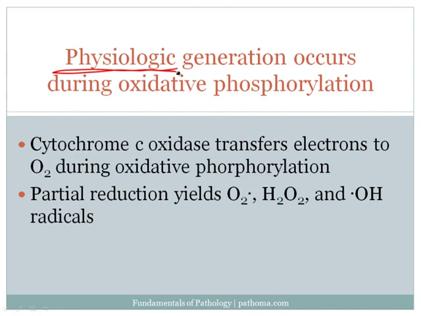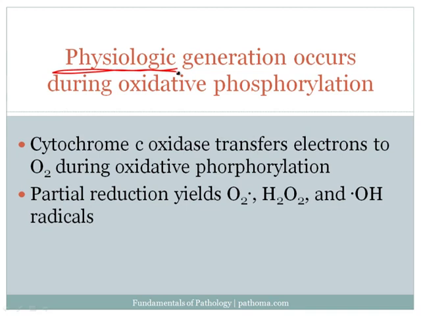And you recall in our prior discussion of the electron transport chain, oxygen obviously accepts electrons, which then drives the production of a proton gradient, which then eventually drives the production of ATP. Now, generally speaking, oxygen will actually accept 4 electrons, and after accepting 4 electrons, water will be generated.